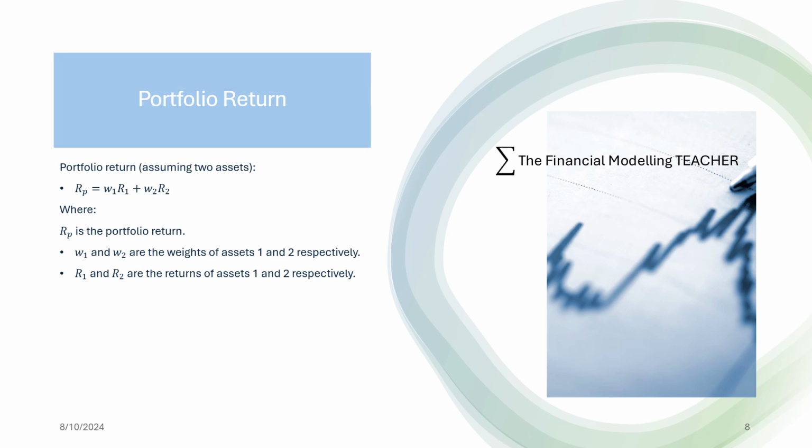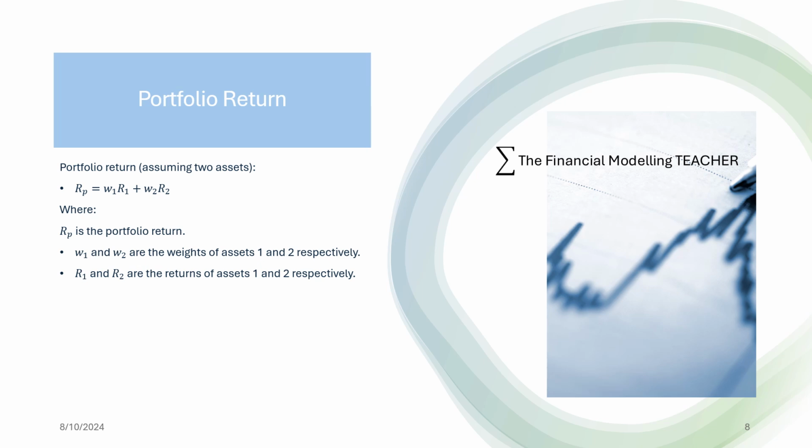So now this would be R_P equals W1R1 plus W2R2. Here, W1 and W2 are the weights of asset 1 and 2 respectively, while R1 and R2 are the returns of asset 1 and 2.